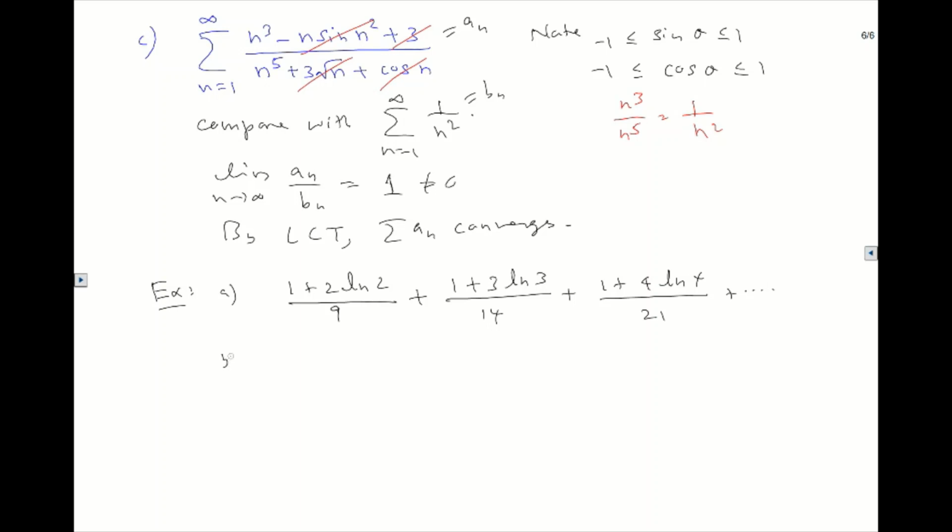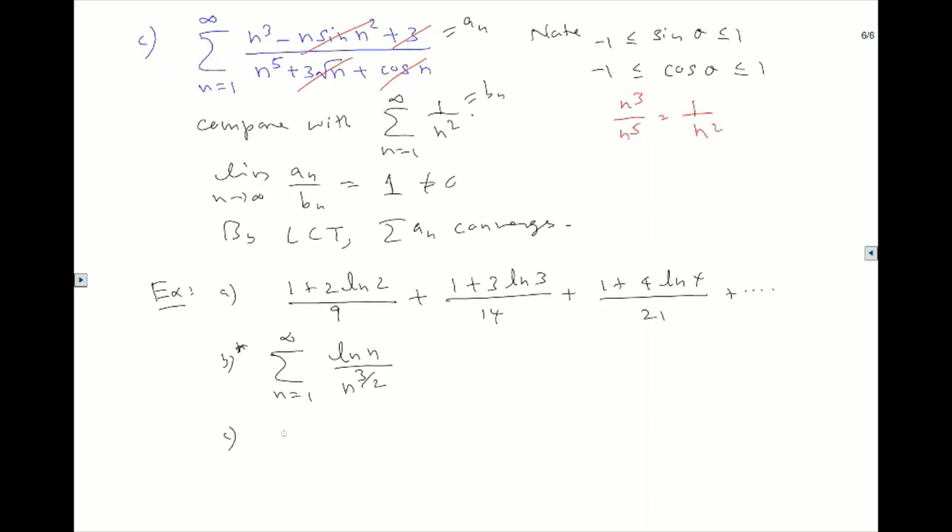And then I'm going to give a little more difficult problem. These are extra problems, because they are a little difficult. How about ln n over n^(3/2)? What can I say about this?